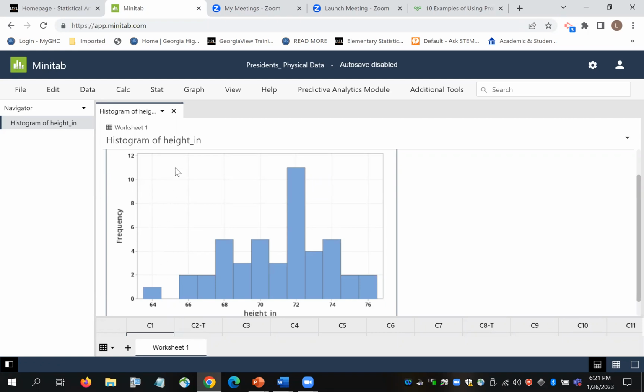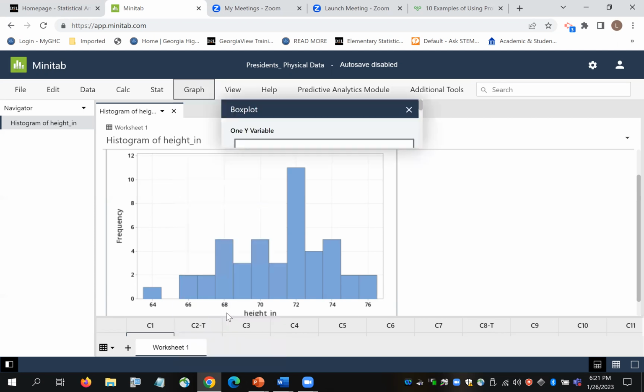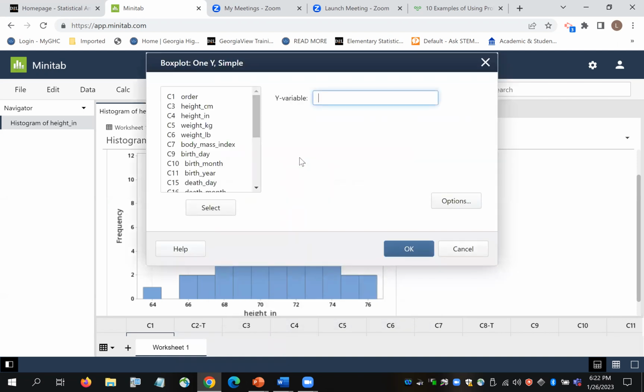So again, we go to graph and I find the option for a box plot. Pretty common sense. I want to make a graph. The specific graph I want to create is a box plot. We want to keep it simple. Again, we're only doing one variable.